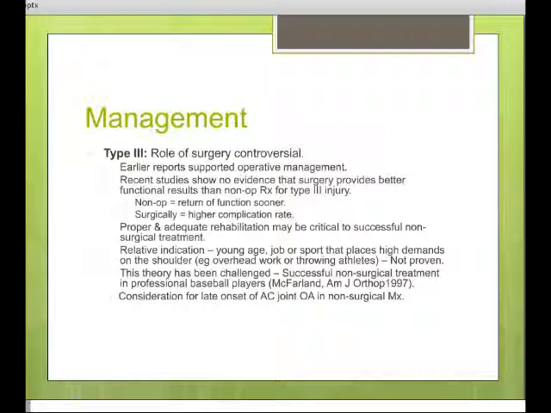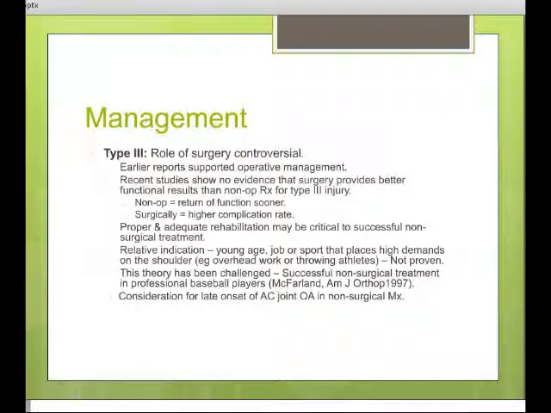So grade 3 also included the more severe injuries, which in Rockwood's classification are 4, 5 and 6. Because you had the more severe injuries, the surgeons often operated on type 3 injuries. However, recently, after the Rockwood classification, there's been a tendency towards a non-operative approach for type 3 injuries.